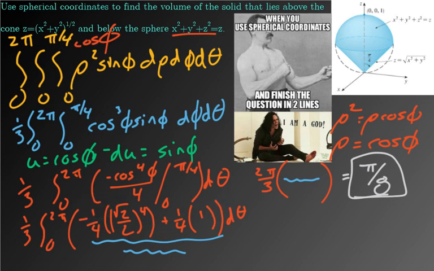But I do think this is kind of funny because it's how I feel about a lot of spherical integral problems. The setup can be kind of tricky and weird, but once you set it up with spherical, a lot of times, if there's something with a sphere involved, they end up simplifying way down, and it's such an easier problem than trying to do this with geometry or something like that.